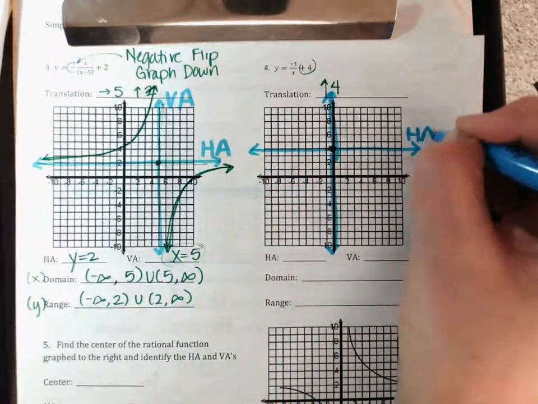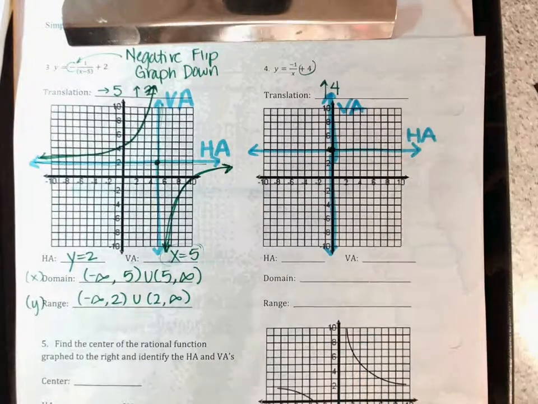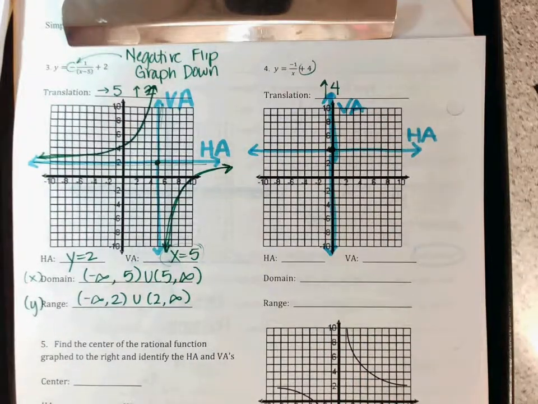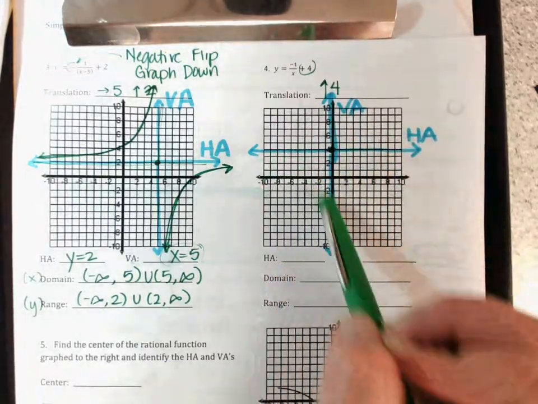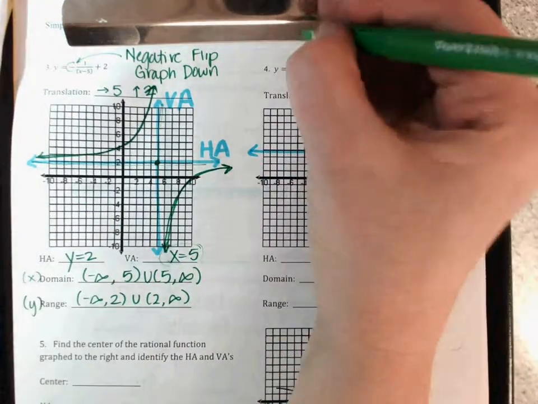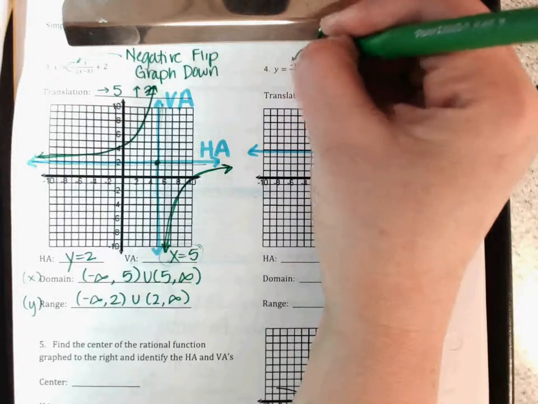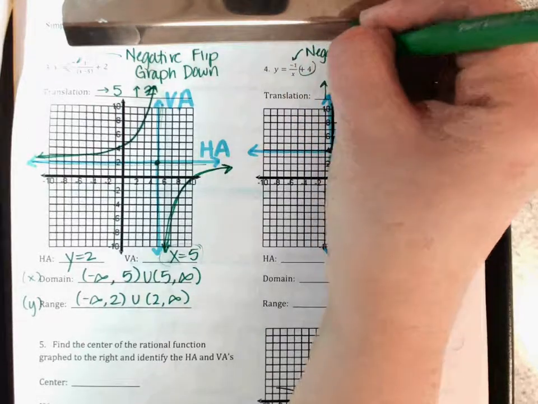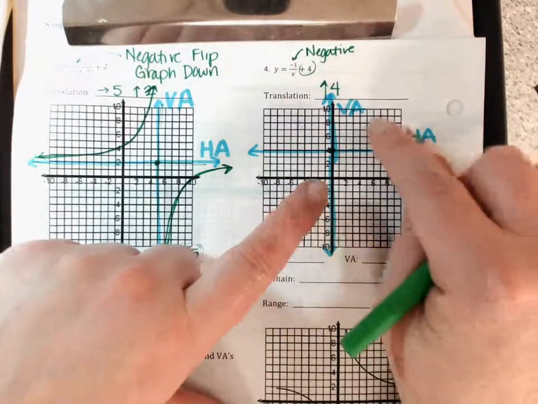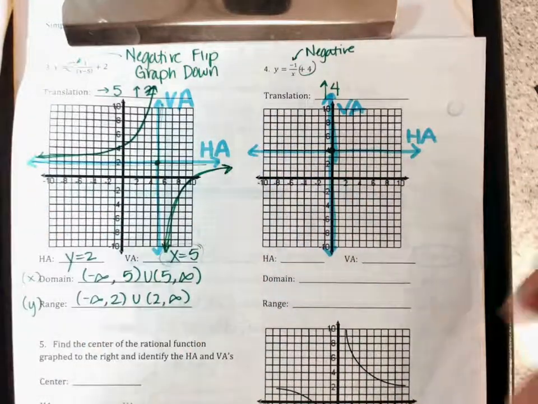Remember, this is my HA, this is my VA. And then normally I would have my graph be in this top corner and this bottom corner. However, again, you should notice you have that negative in the front and that flips it. So instead of being in these two corners, you're going to be in these two corners.